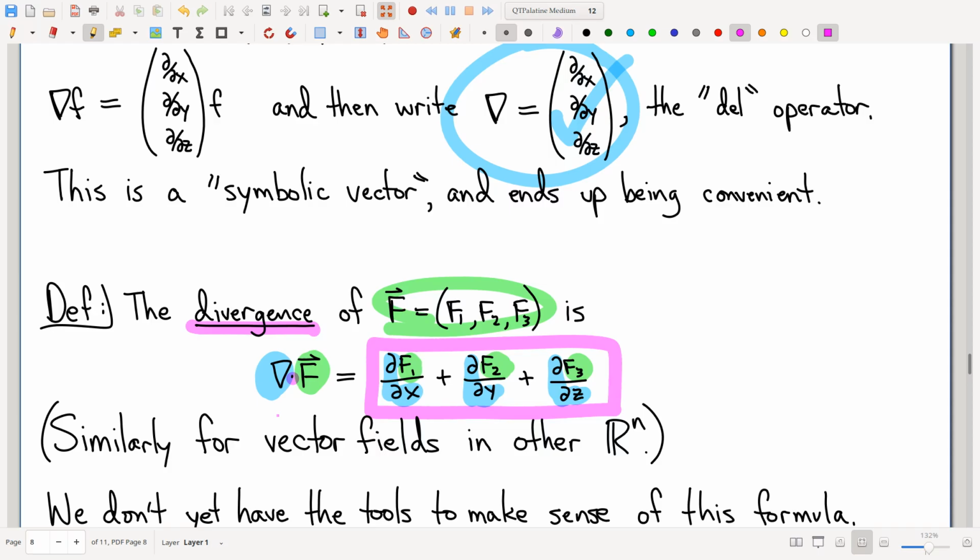So likewise, this isn't exactly a dot product, but what would you imagine it would mean to do this dot product? Well, I'd take the first element of the del and then the first coordinate of f, and I can't multiply this times that, but I can apply this to that. And that gives me this first term, and then you add likewise for the other terms.